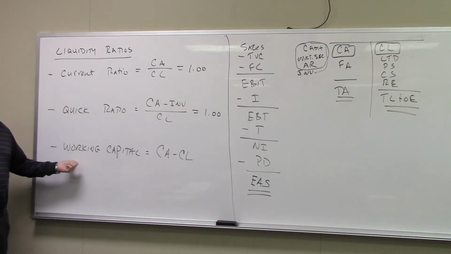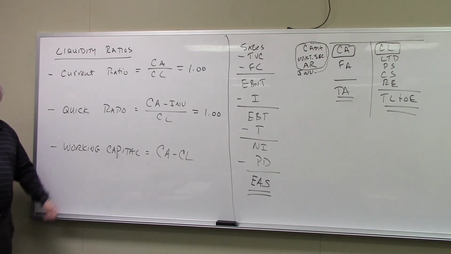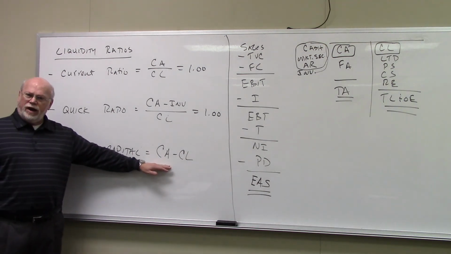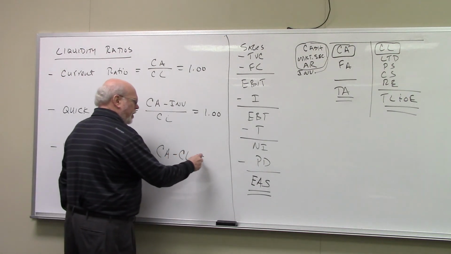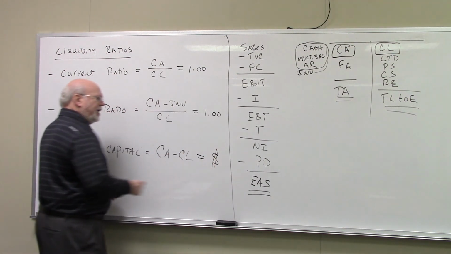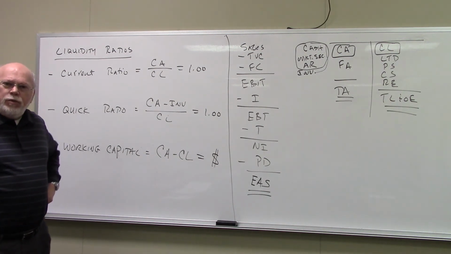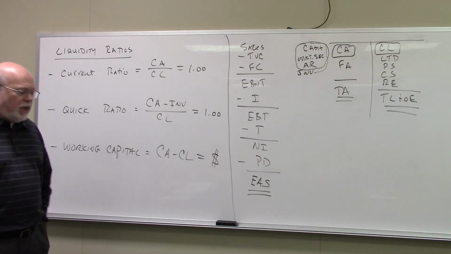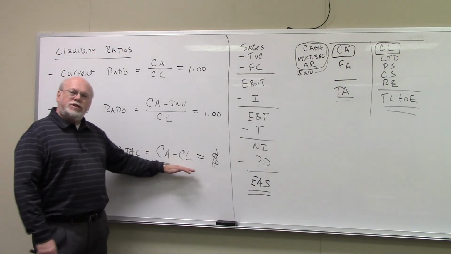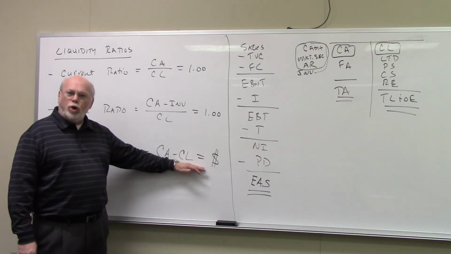The third measure of liquidity we're going to look at is called working capital. Working capital is defined as current assets minus current liabilities. And the answer you get now is a dollar figure. All things being equal, again, you'd like this number to be higher rather than lower. Now, a lot of people sometimes will calculate working capital and say, geez, the company has no working capital.